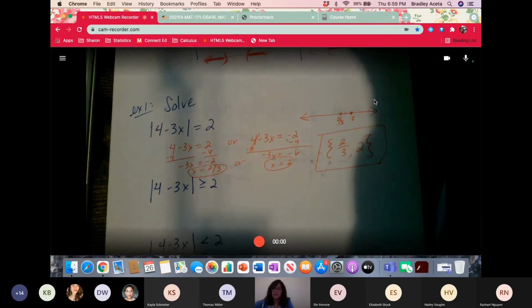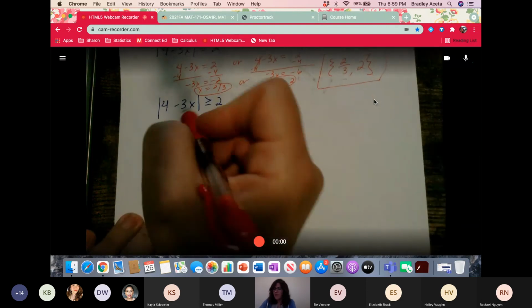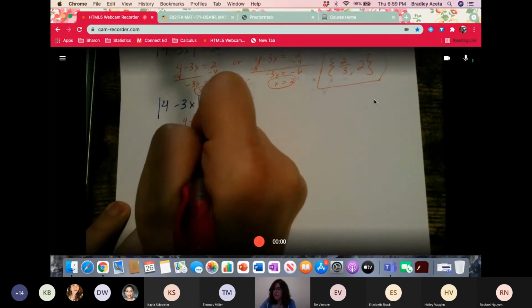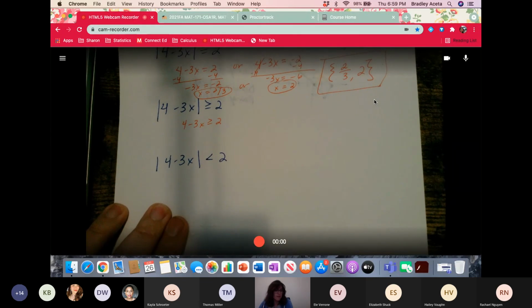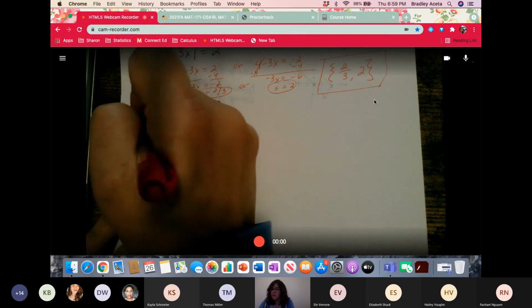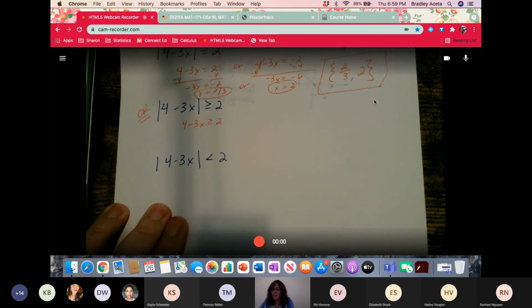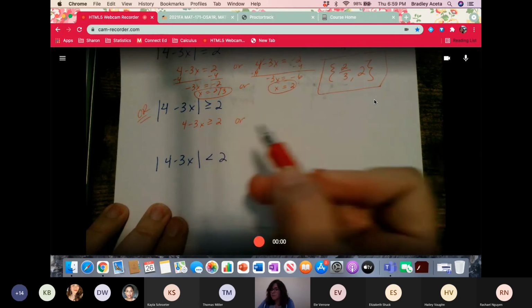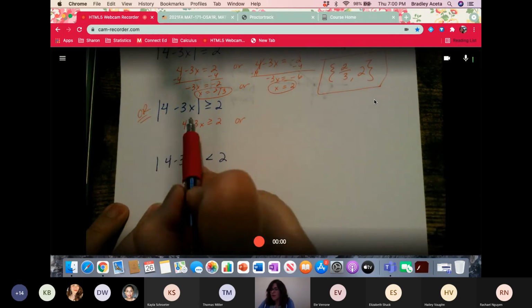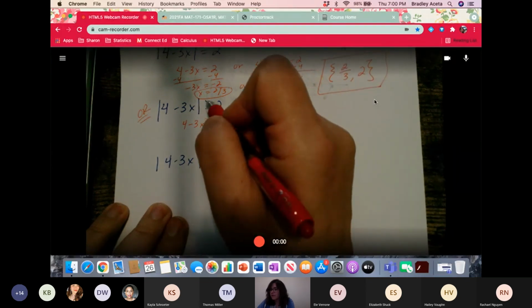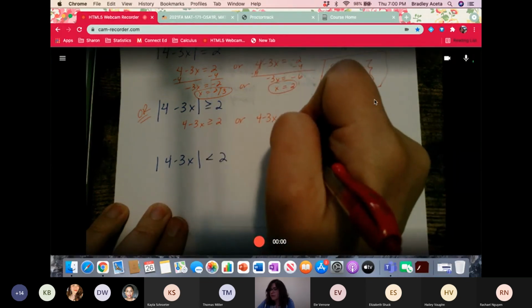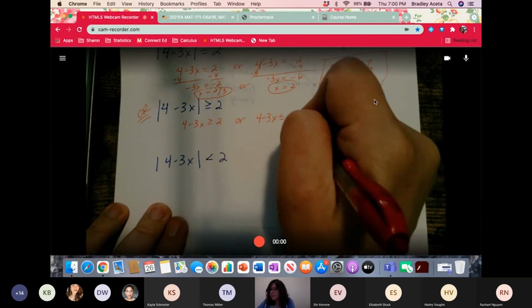I would write it just like it is: 4 minus 3x greater than or equal to 2 without the bars. Greater than is an OR graph. So or, write it again, 4 minus 3x, flip the inequality, change the sign.